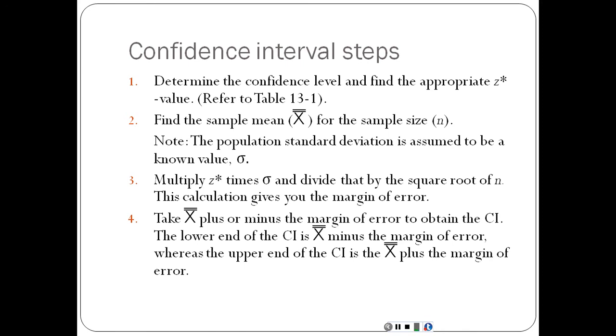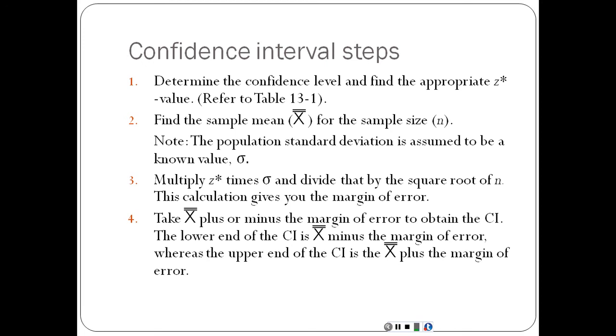For instance, for a 95% confidence level, you would multiply 1.96 times your population standard deviation and then divide that by the square root of n. This calculation gives you the margin of error. Then your final step: take your mean plus or minus the margin of error to obtain the confidence interval.